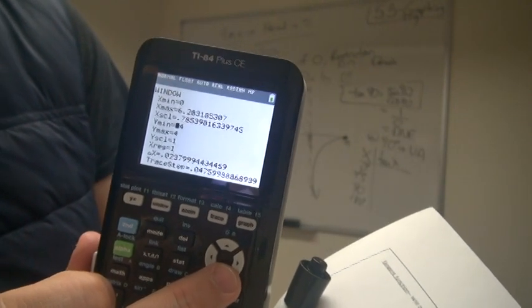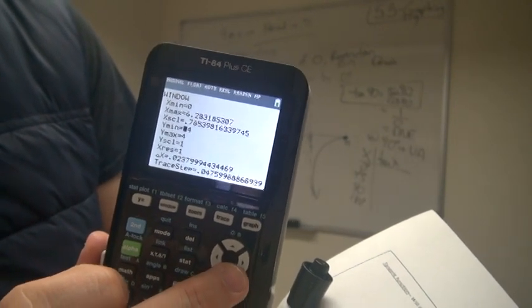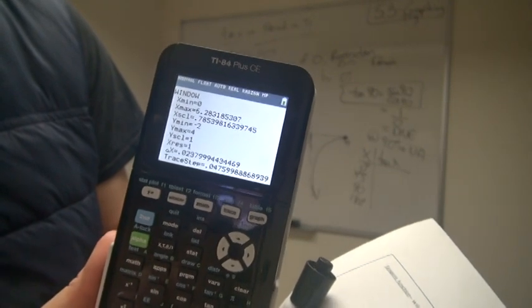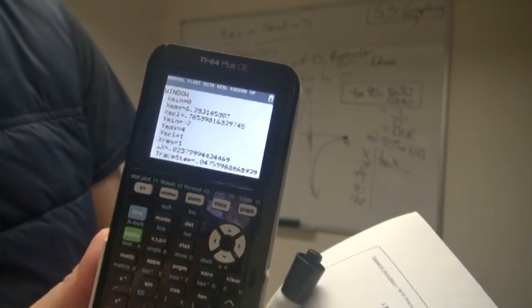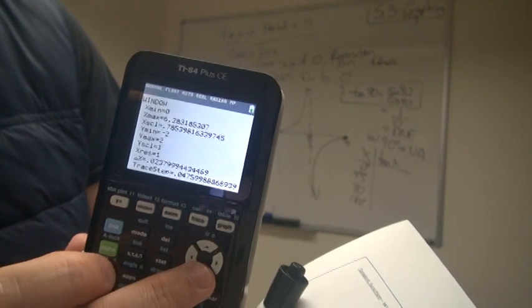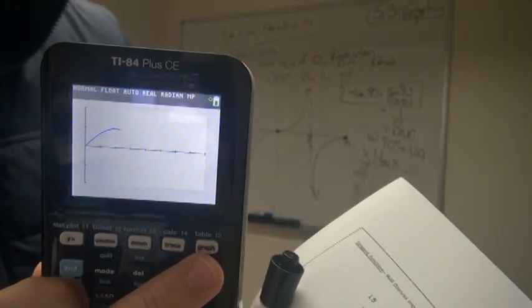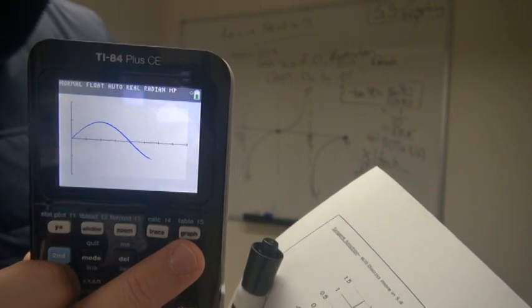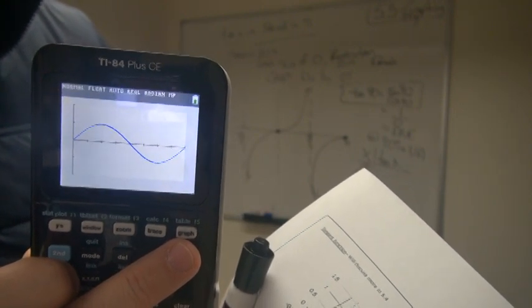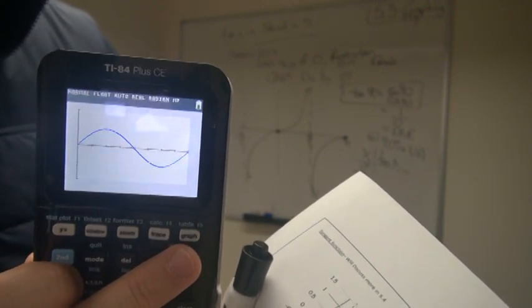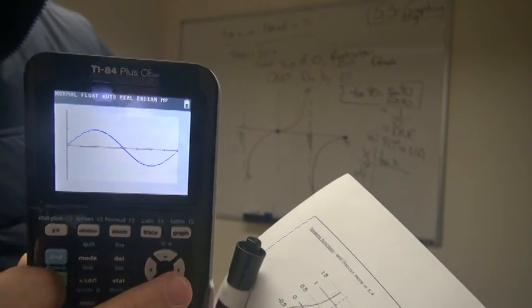The y min of -4 and y max of 4 I could leave, or I could change that to 2. I see that on all my graphs so far, sine and cosine have a max of 1 and a min of -1. So let me hit graph now. If I did zoom trig and then changed the window, on an exam typically I'd want to see one cycle.